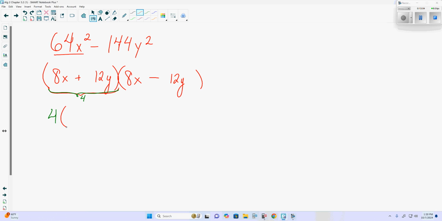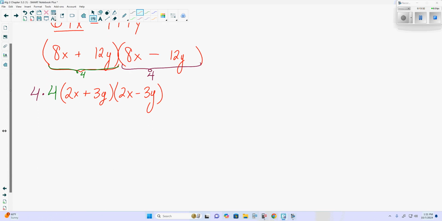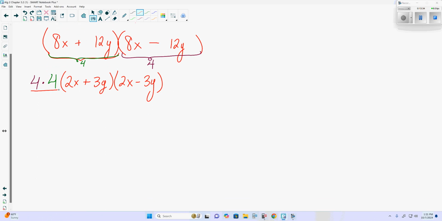If I divide the 8x by 4, we're left with 2x, plus 12y divided by 4 is 3y.